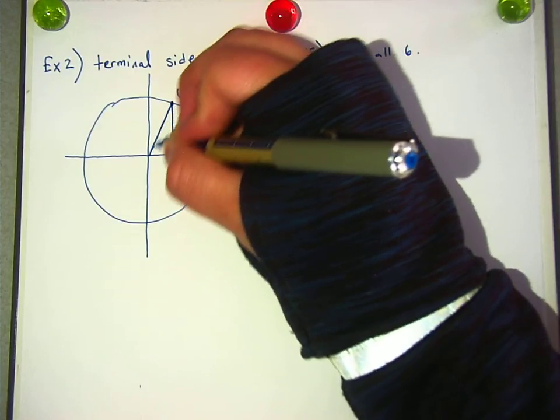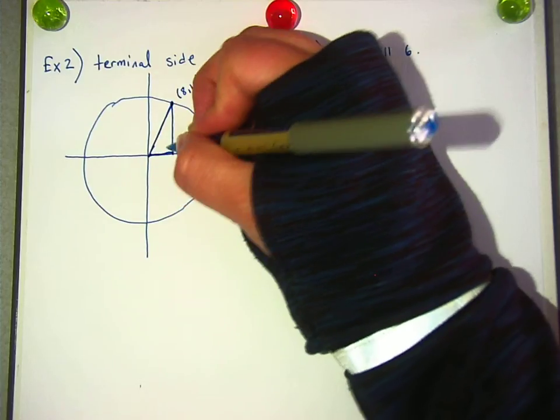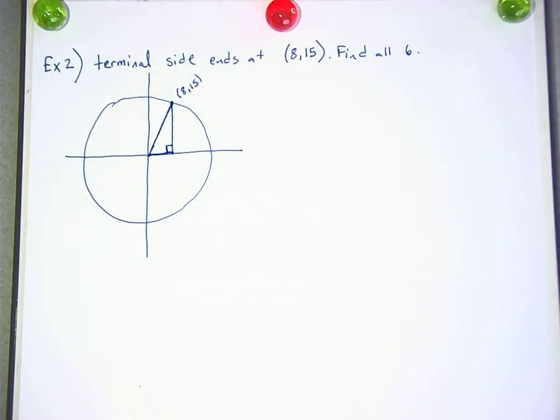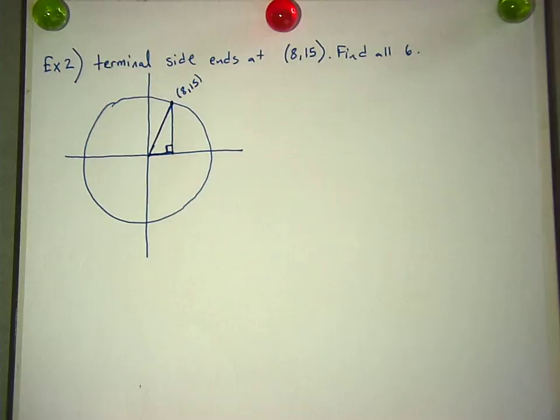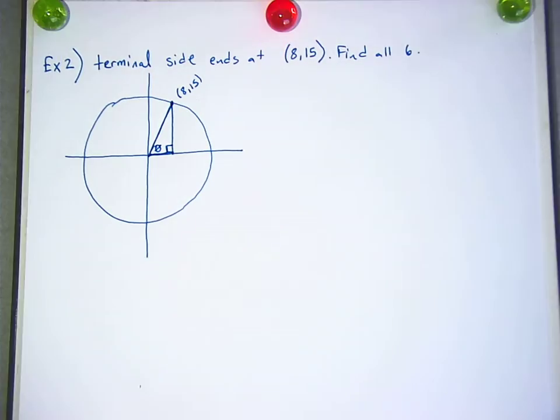The hypotenuse goes from the center to that edge, and the base of the triangle is always right on that axis. And we're talking about this angle right here, the one that goes from 0 to the hypotenuse.